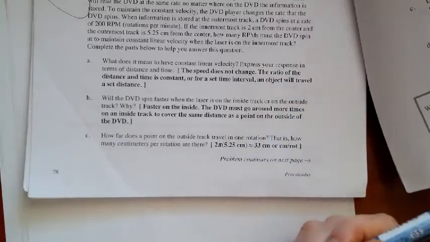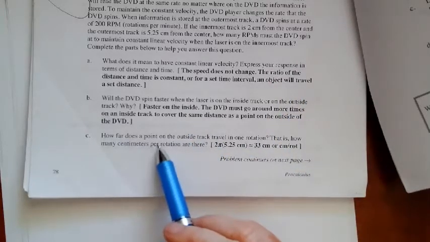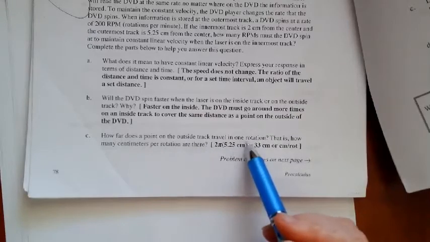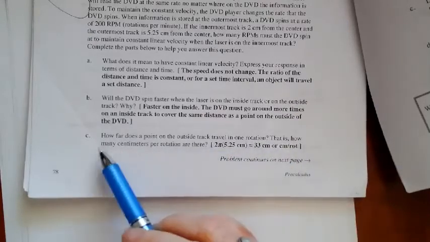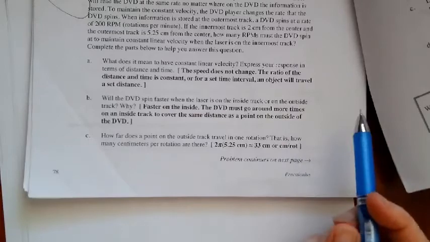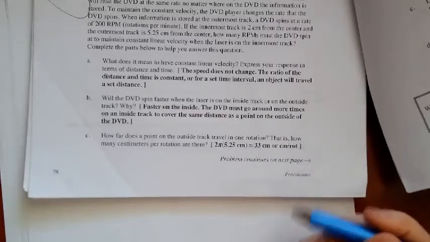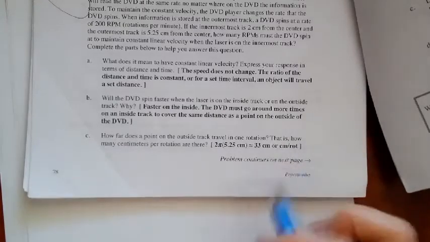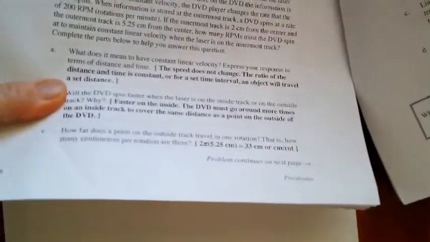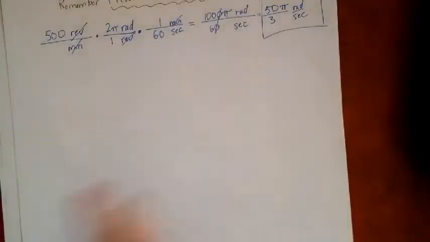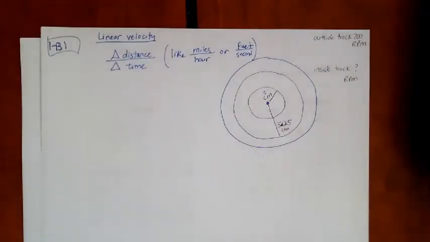Okay, and then how far does a point on the outside track travel in one rotation? That is, how many centimeters per rotation are there? I'm going to put this away because I think I drew it out on another piece of paper. Here it is. So I just drew a picture of our situation.